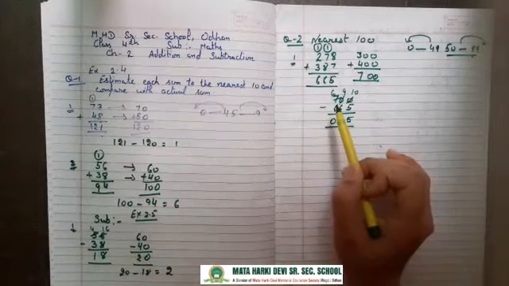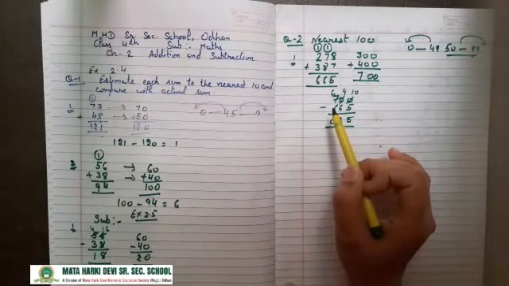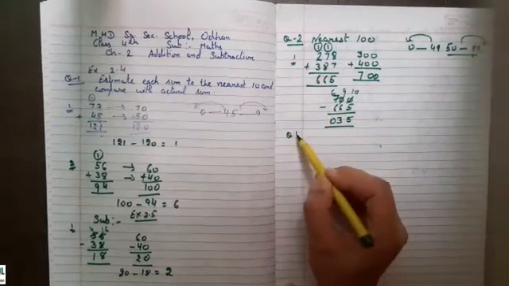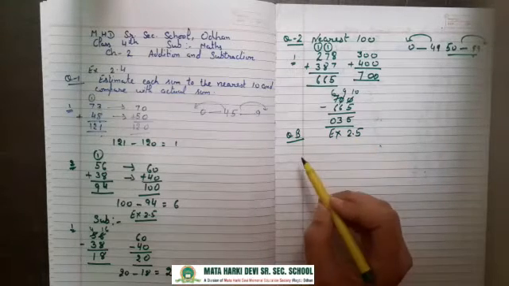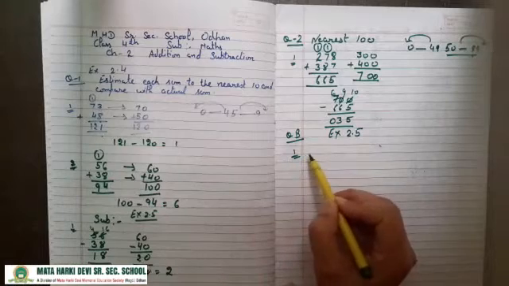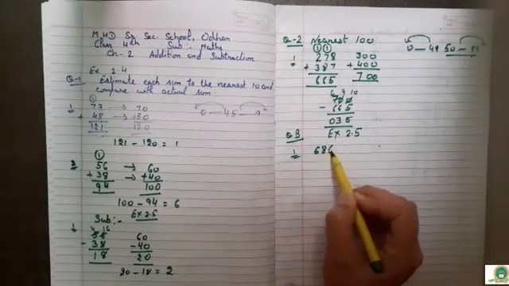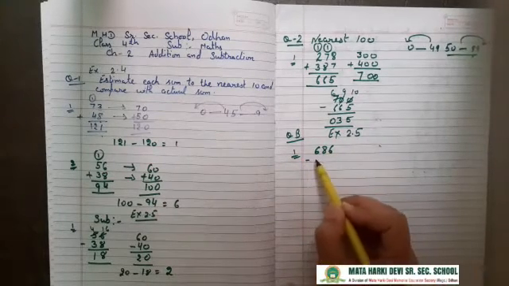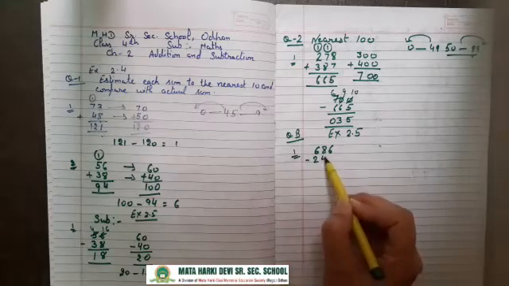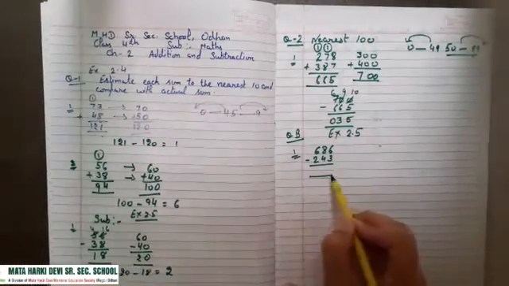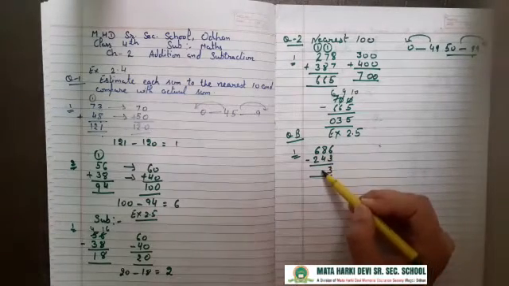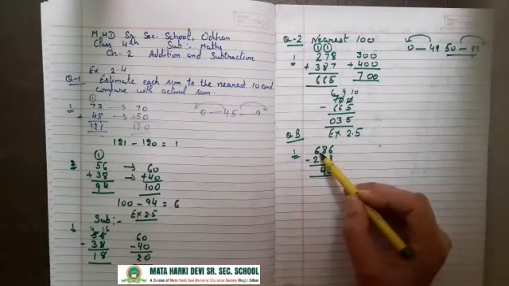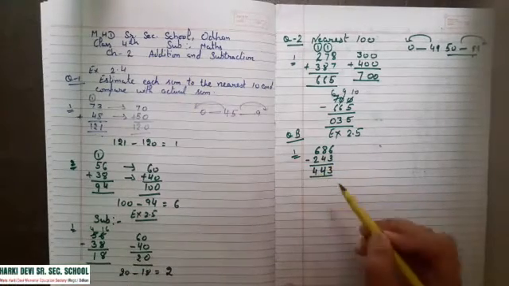Okay, and if we want to see the subtraction, as in exercise 2.5, question number B, first sum is 686 minus 243. The actual difference is 6 minus 3 is equal to 3, 8 minus 4 is equal to 4, 6 minus 2 is equal to 4.